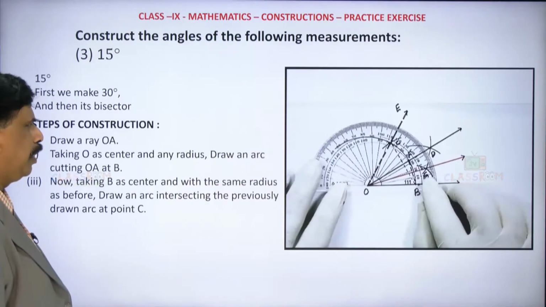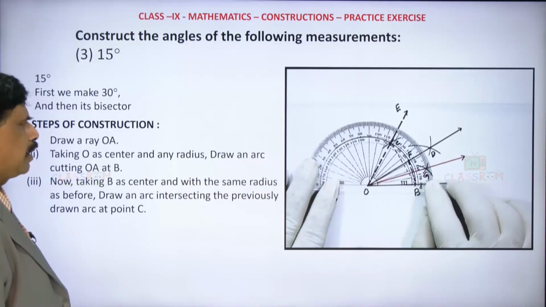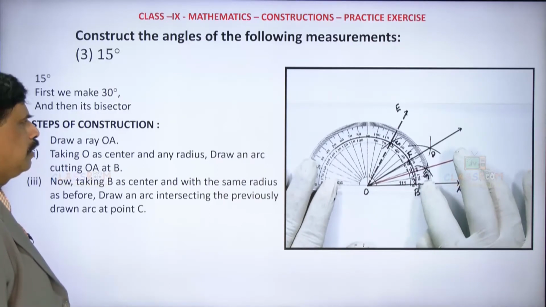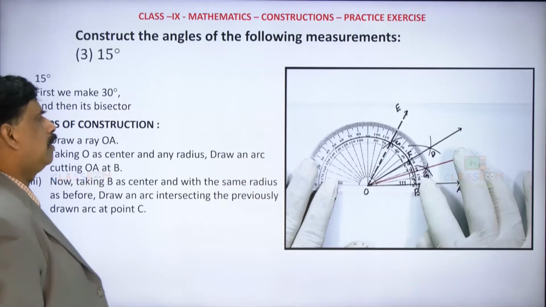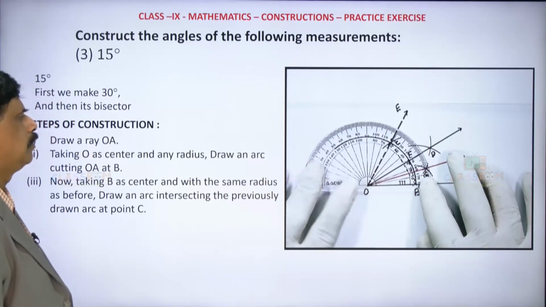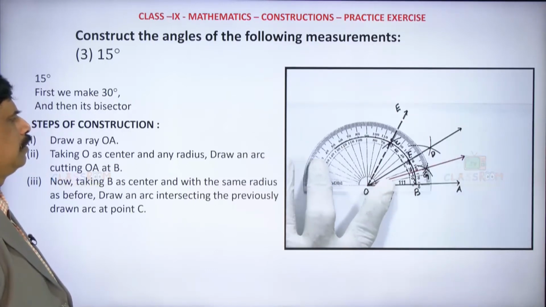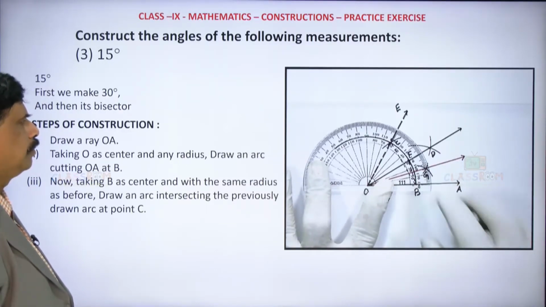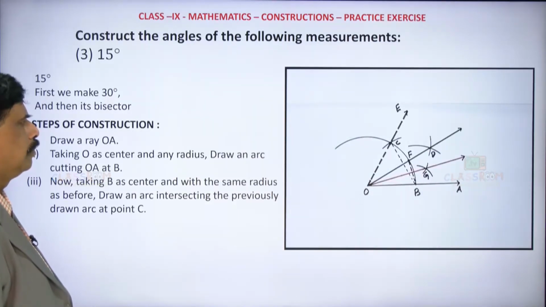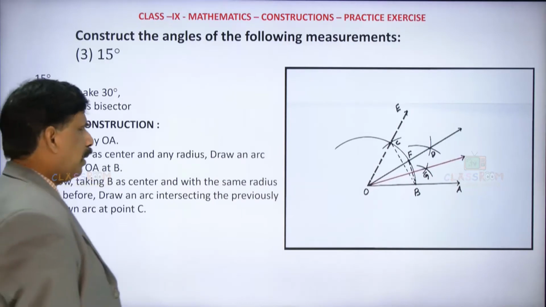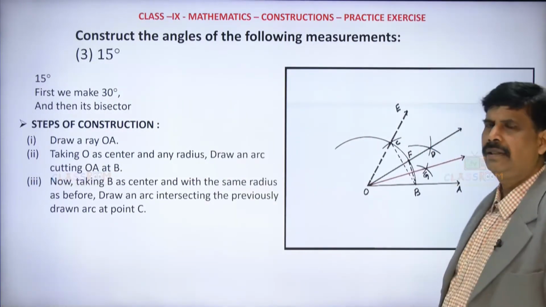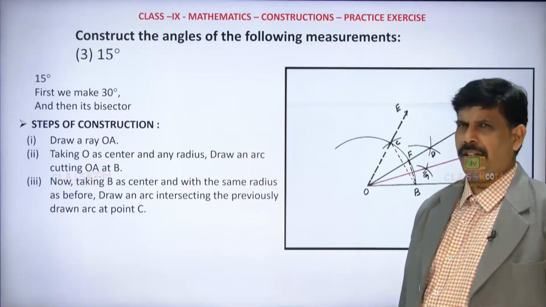So we can explain by using a protractor here. See? Angle AOG perfectly 15 degrees. Clear? So what we have done here, first we know angle AOE is 60 degrees.